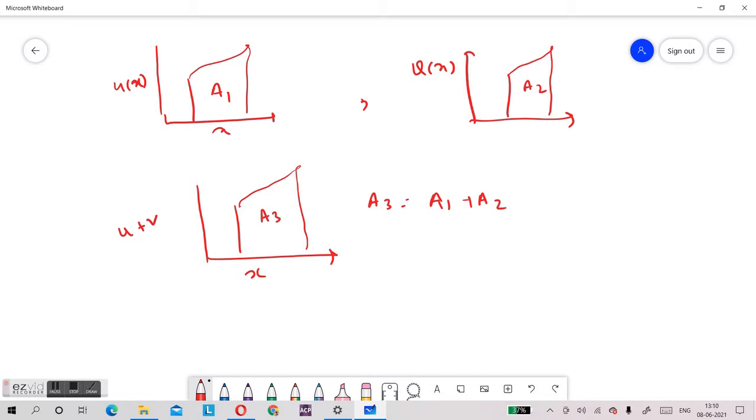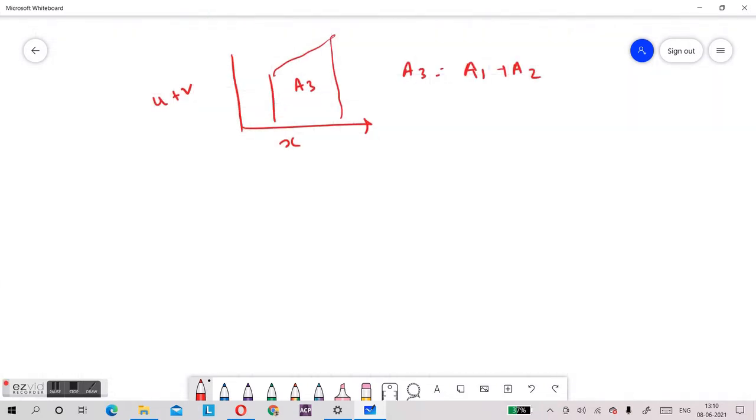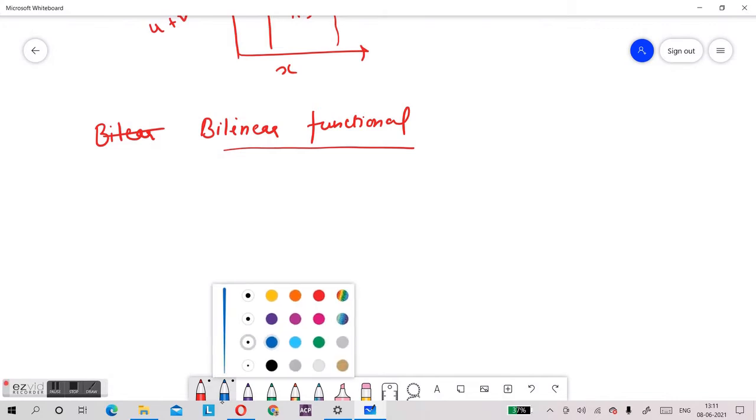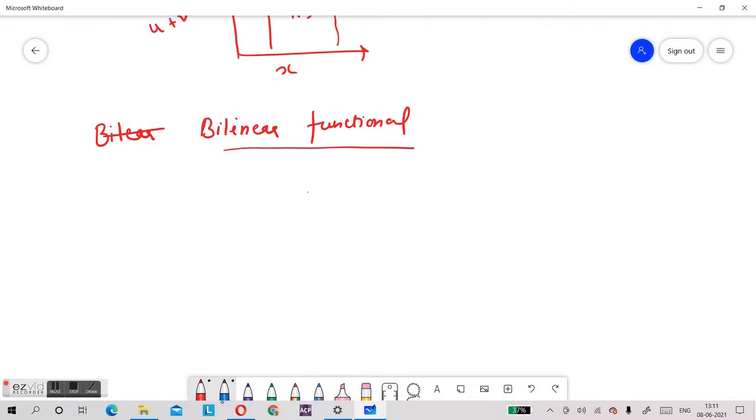Now the third term is bilinear functional. So how can we write a bilinear functional? If it is a function in u and v, and if we change the location of u and v, then the function does not change.